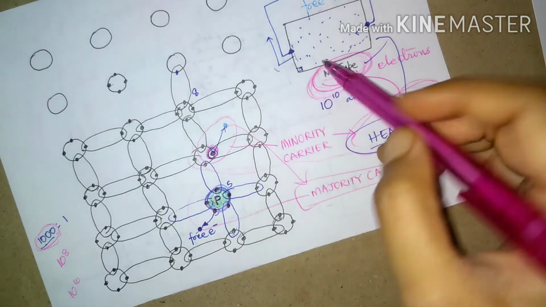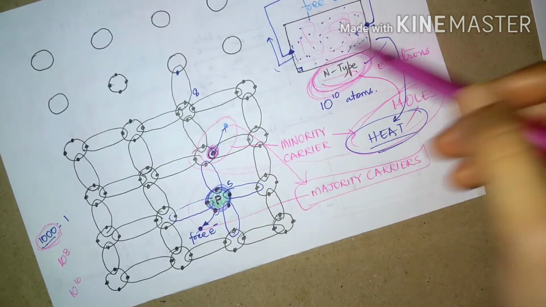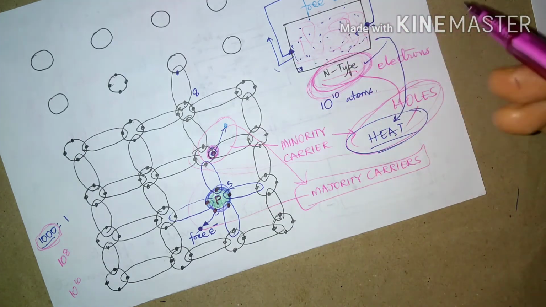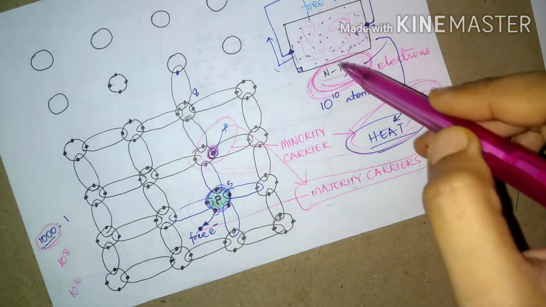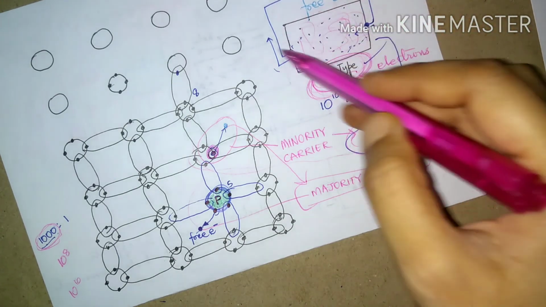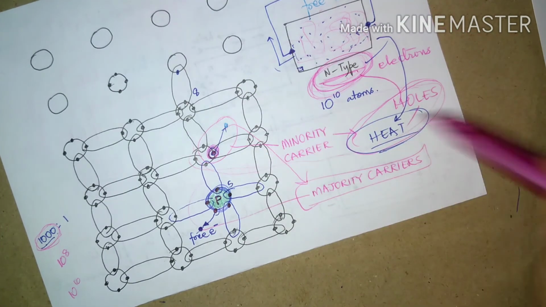All these electrons move with the temperature which is present around them because they vibrate with energy. That is what is happening with n-type, and that is how the conduction also takes place in n-type semiconductor. That is all about n-type.